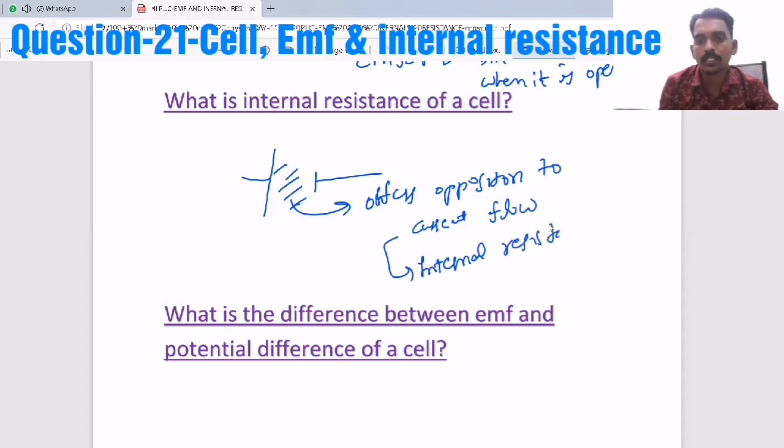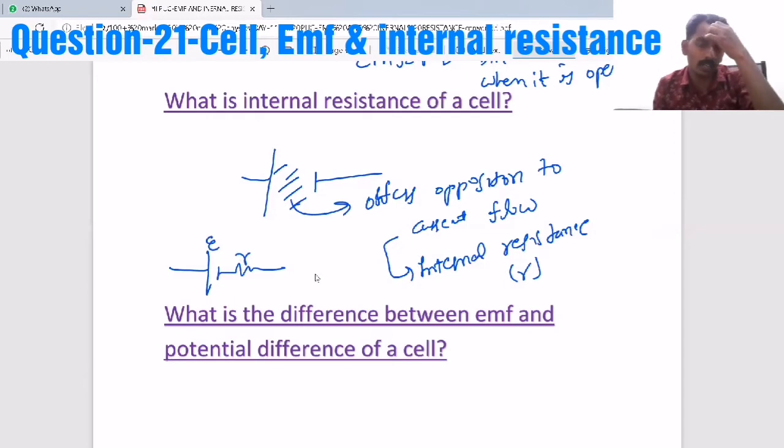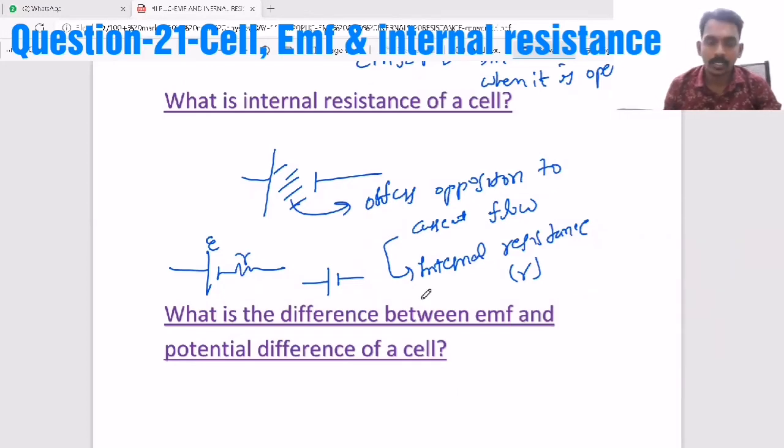So internal resistance we denote with the symbol R. This is epsilon, the EMF, and this is the internal resistance R. Or else simply you can represent it as epsilon comma R, meaning EMF epsilon and resistance R.